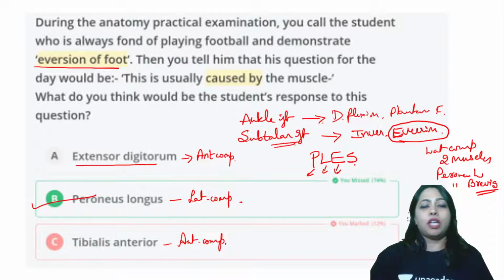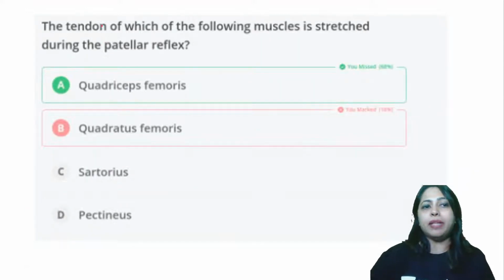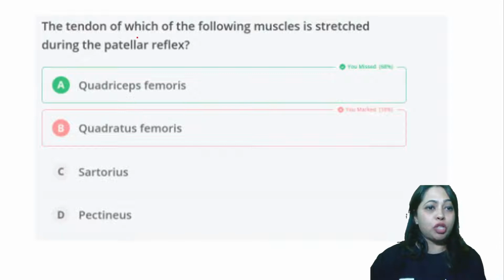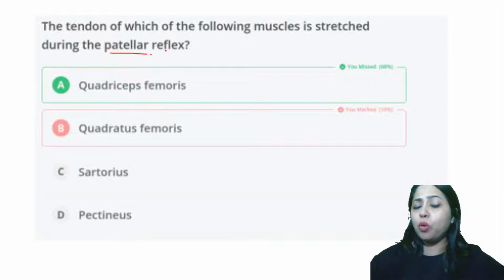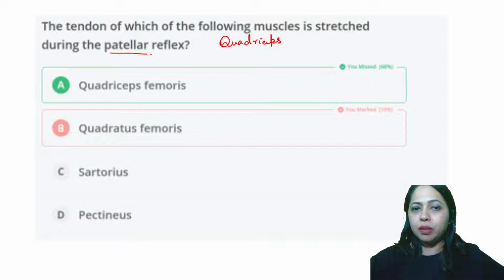All right, next one. The tendon of which of the following muscles is stretched during the patellar reflex? The patella is the sesamoid bone that is formed in the tendon of quadriceps. Quadriceps belongs to the group of muscles which does knee extension and hip flexion.